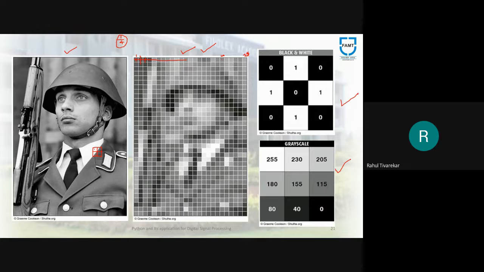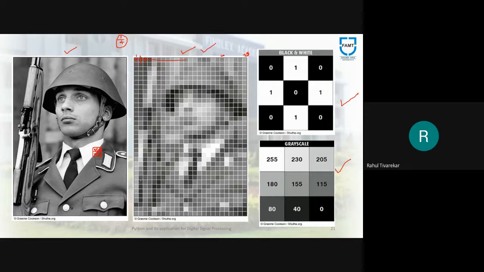This will be totally white, this will be gray, and the others will depend on which color occupies a larger portion. Gray color has occupied more portion, so this will probably be gray, and white color has occupied more portion, so this will probably be white. So if I use a single pixel, it can be either white or gray. But if I use 4 pixels in that same area, then we can have different pixels of different color intensities, either white or gray.